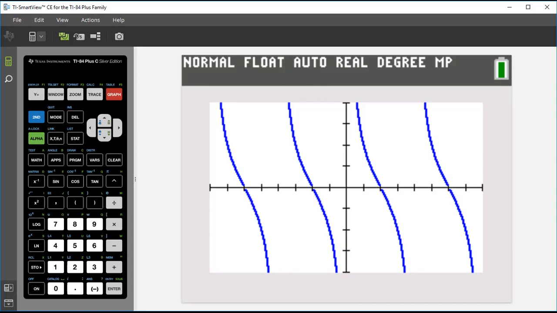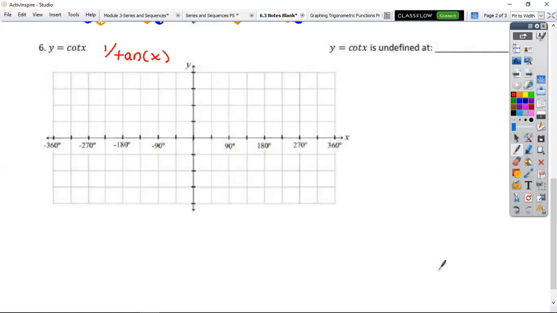All right, so back to my other documents. Okay, so I said 0, which is 180, 180, and 360, and negative 180, and negative 360.